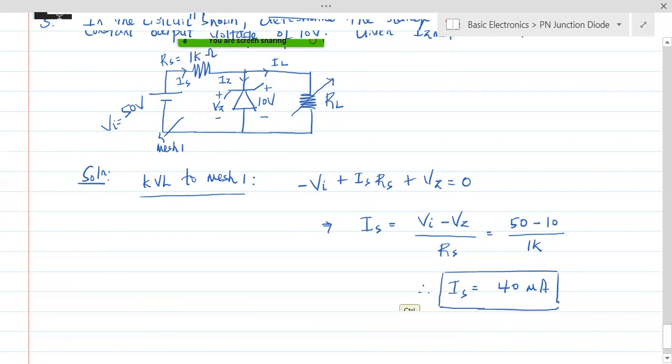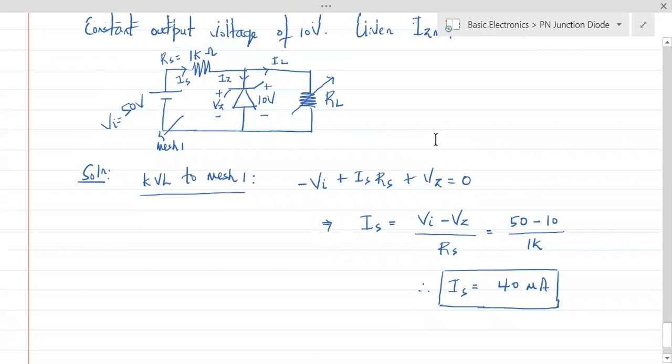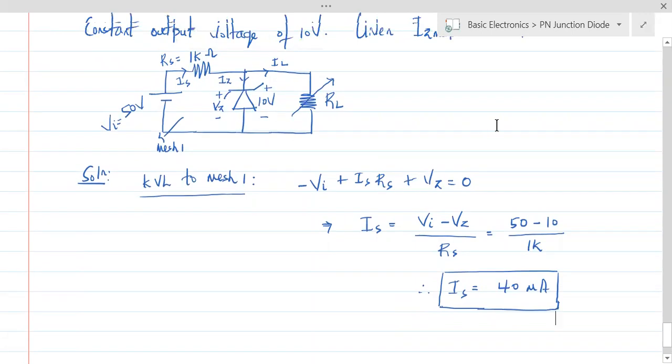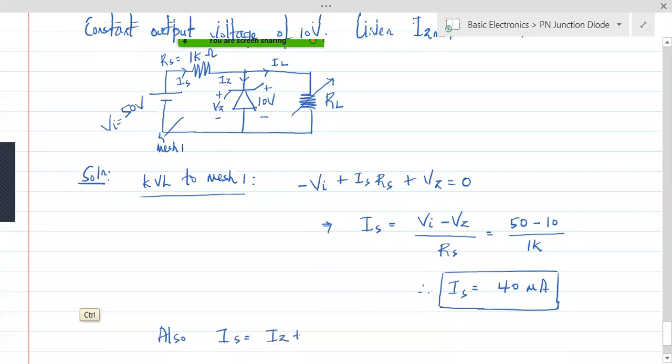Now what they have asked is to find out the range of RL which would give you 10 volts constant voltage across the diode. Another thing that we can understand here is also Is equal to Iz plus IL.